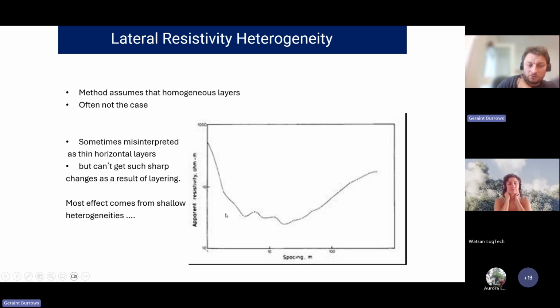That might result in blips within your data set like this, which doesn't make any sense if you're thinking about depth, but it's because you've expanded your electrodes outwards, and now they're encountering different geologies laterally as well.